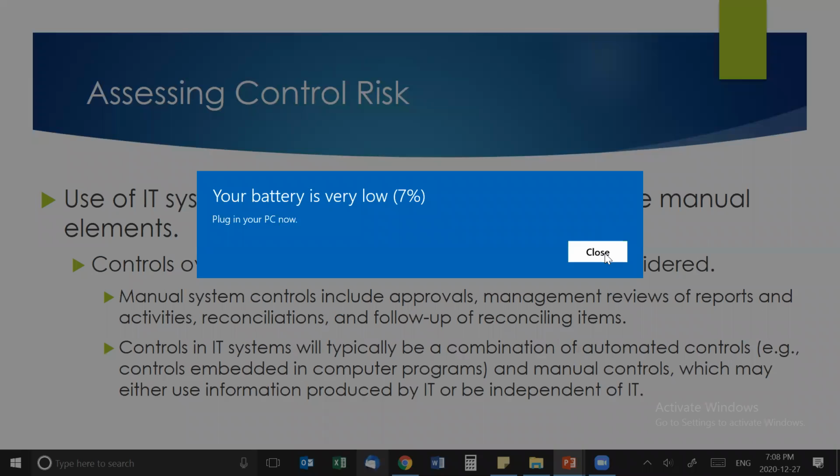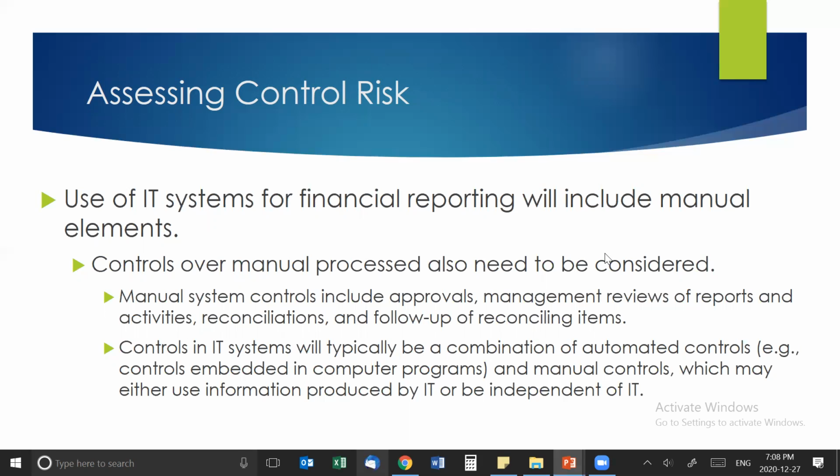So controls in the IT system will be a combination of automated controls and manual controls, because the IT system can create the financial statements and so on, but somebody has to input the data at the beginning.